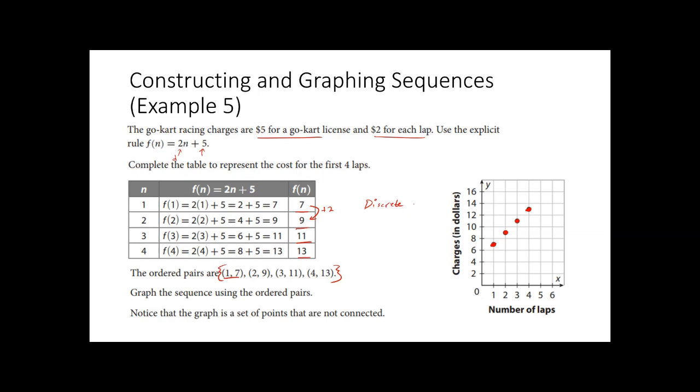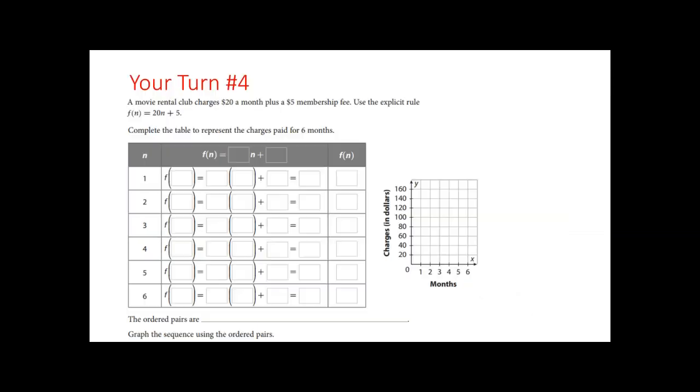Okay, it's discrete because again, nobody can drive 1.33 laps or 1.334 laps. It's either 1 lap or no laps. Okay, so 1, 2, 3, 4, 5. Sure, we're going around and around, right? So this is just graphing. So again, we're not connected because this is a discrete relationship.